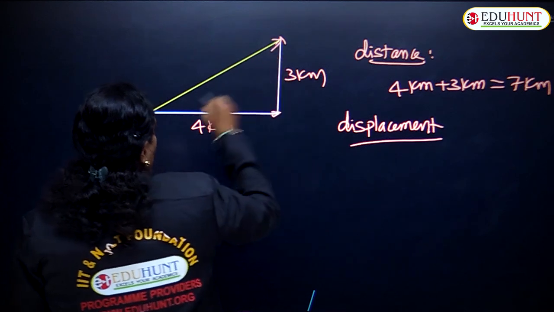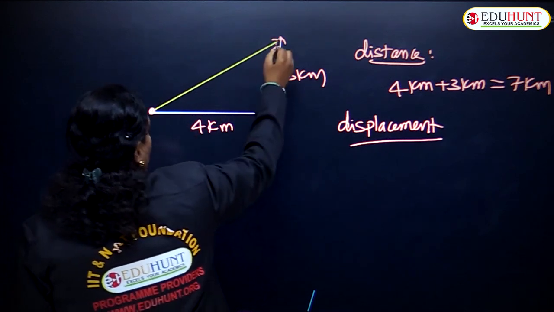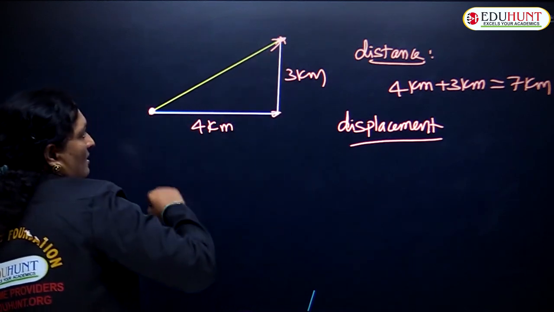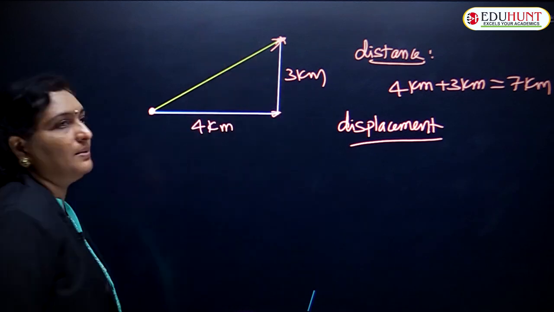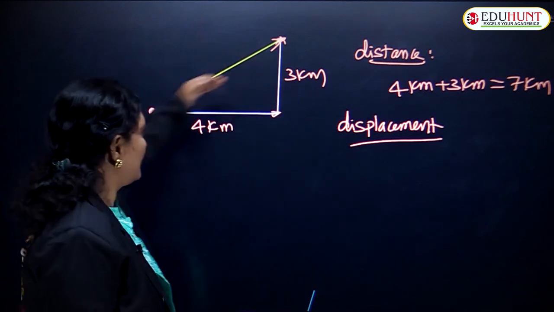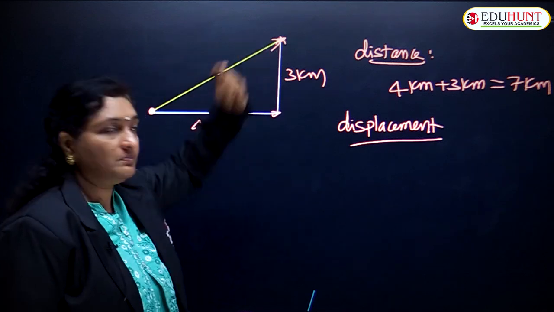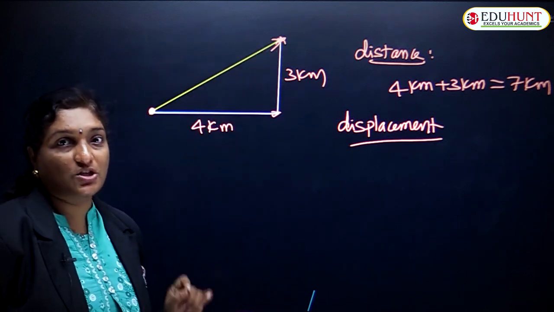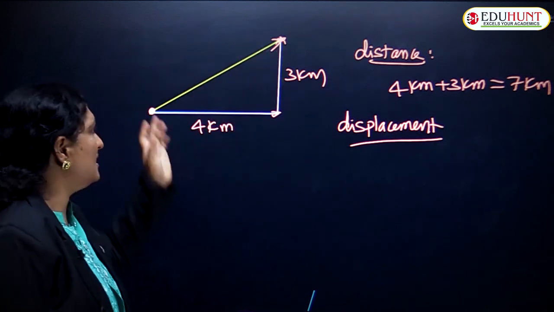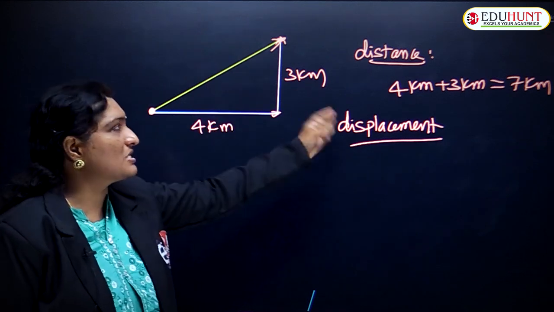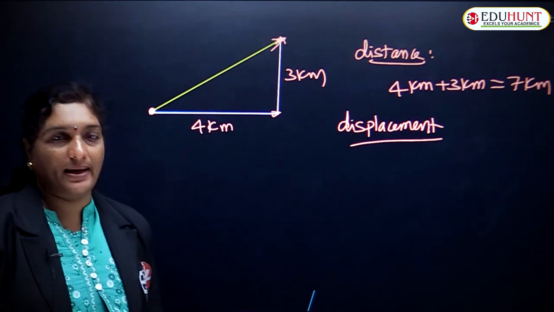Okay, children, this is your initial position and this is your final position. Among all possible lengths, this is the shortest length joining the initial to the final position. The shortest length from initial position to final position is called your displacement.